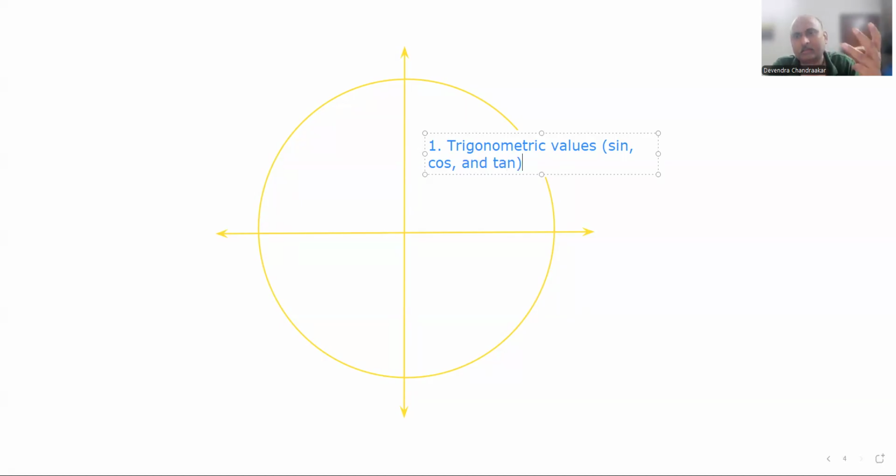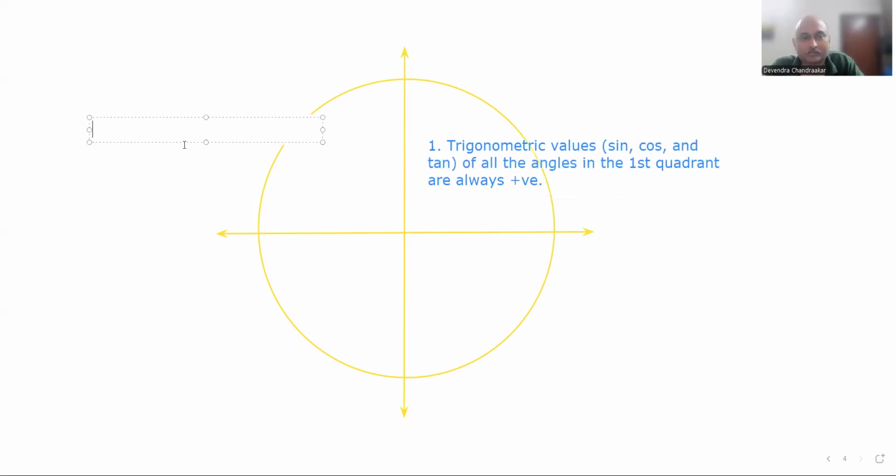We are interested only in these three values because the rest of them are inverses of these. So the trigonometric values, that is sine, cos, and tan of all the angles in the first quadrant, are always positive. Their values will always be greater than 0. Kids, please say yes or no if you understood it. For example, I'll give you one example also.